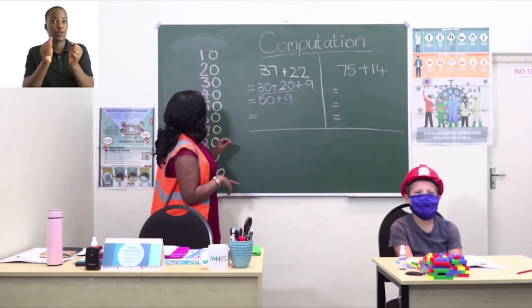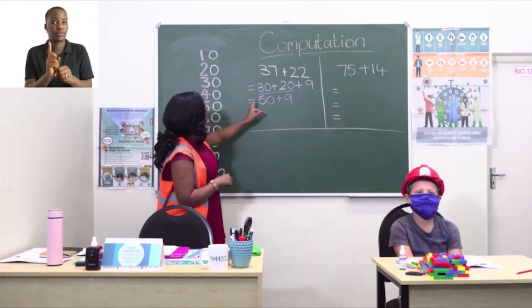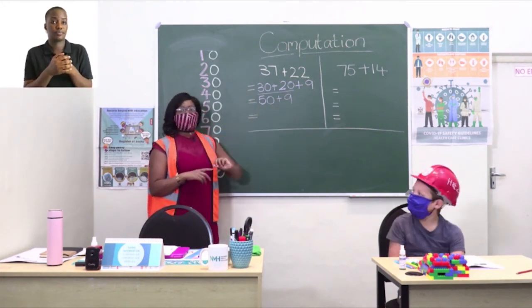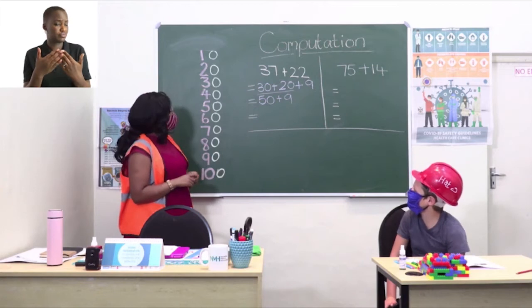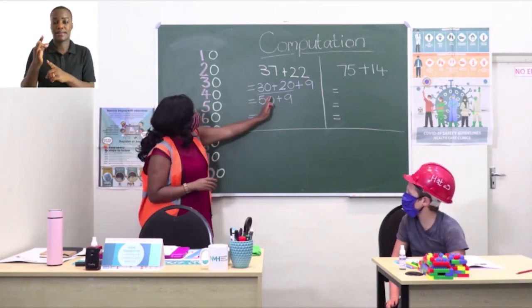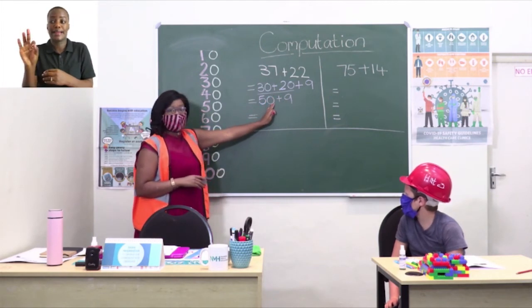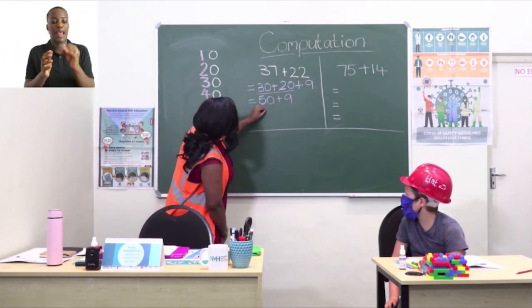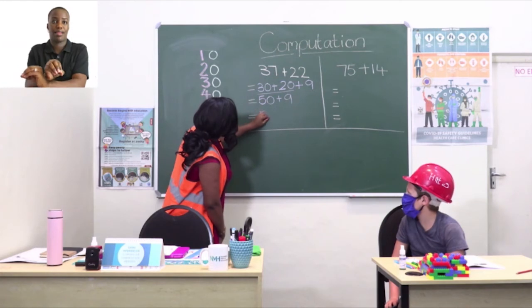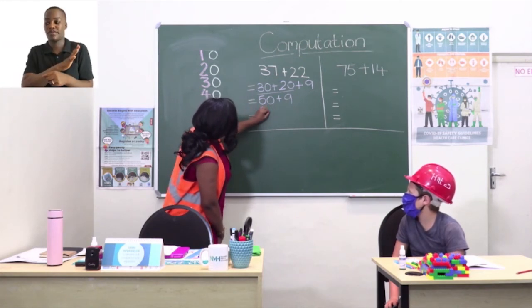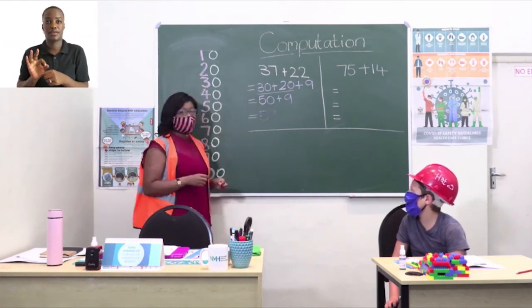So we are going to add 50 plus 9. It is very simple. 50 plus 9 is when we remove the 0 and replace it with the 9. So our answer at the end of the day is 59.